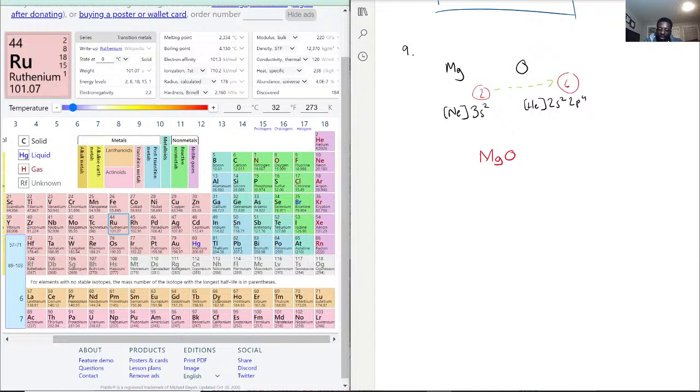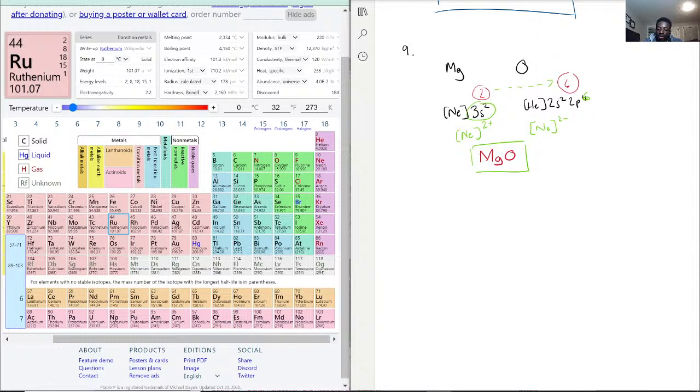So magnesium becomes like neon with a 2 plus charge, and oxygen becomes neon as well, because it's filled up, with a 2 minus charge, theoretically speaking. In terms of what happened, magnesium lost its electrons and oxygen gained them to get to 8. But yeah, that would be the empirical formula for it.